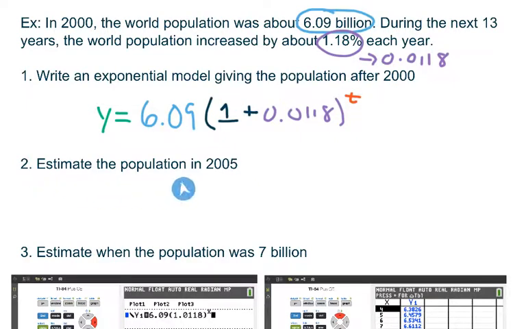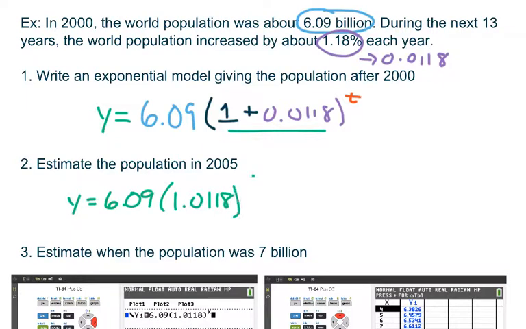Now when we get to question number 2, when we estimate the population in 2005, that is a t value, or an x value depending on the variable, of 5, because it's 5 years after 2000. So let me switch to green. We'll say y equals 6.09 times 1.0118, and you can combine these two if you want. 2005 is 5 years after, so we make our t value 5, and this is something you can type in your calculator exactly like this: 6.09, parenthesis, 1.0118, parenthesis, raised to the 5th power.